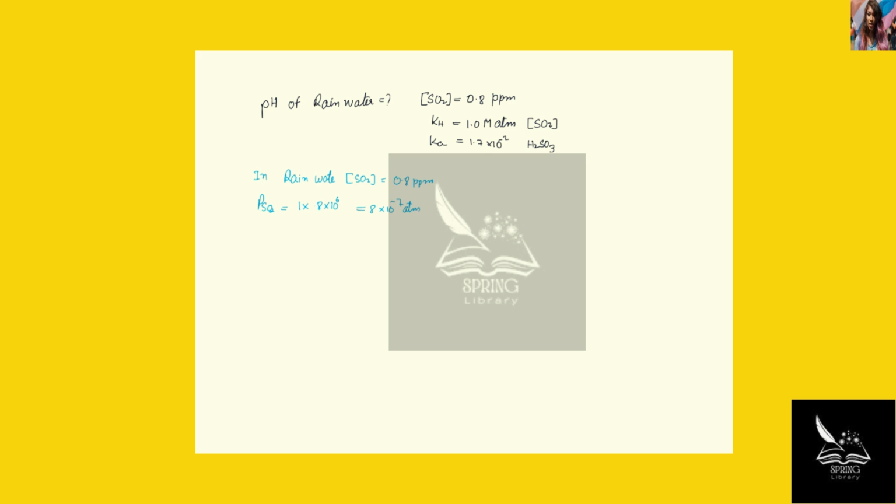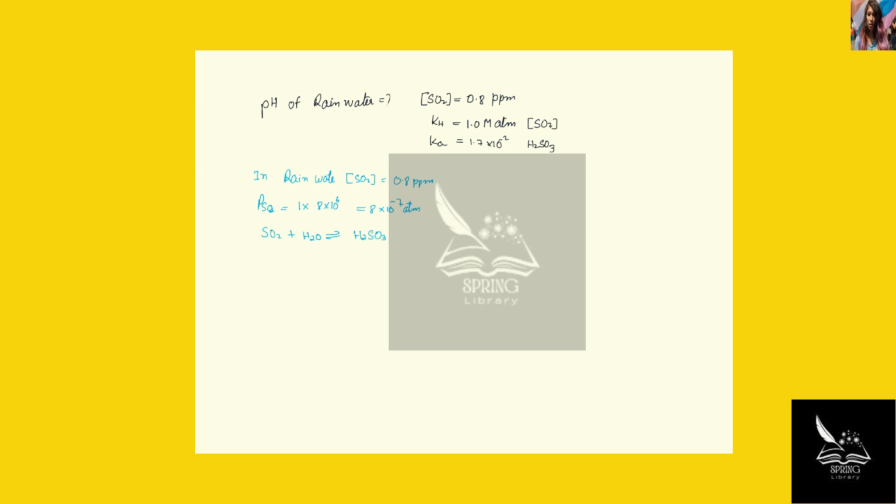Now we have to remember one equation, and also remember that sulfur dioxide is the anhydride of sulfurous acid. It means if we add water to sulfur dioxide, we will have sulfurous acid, H2SO3.